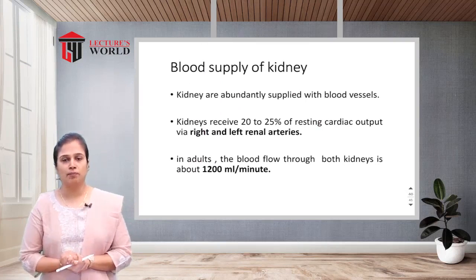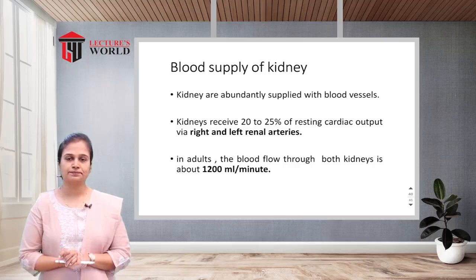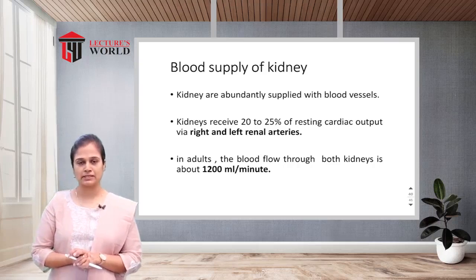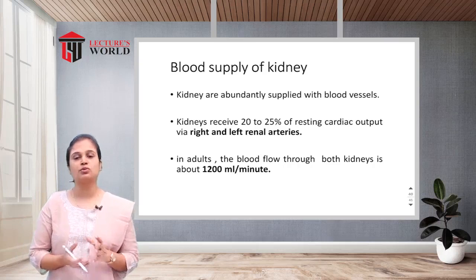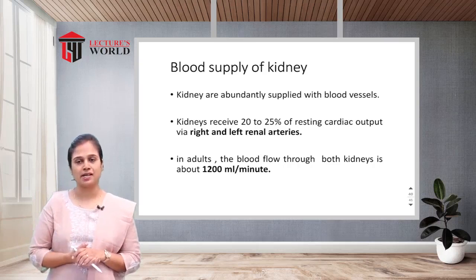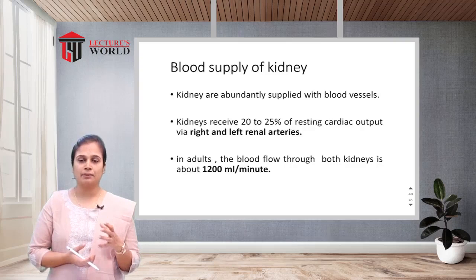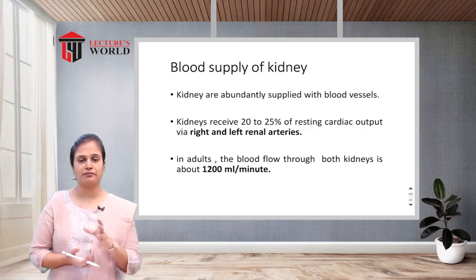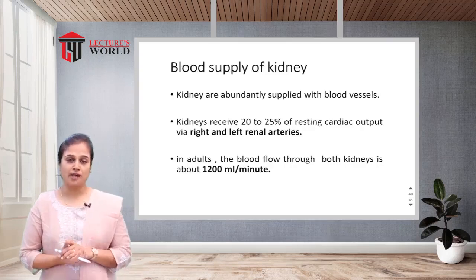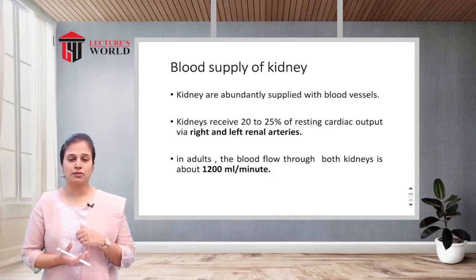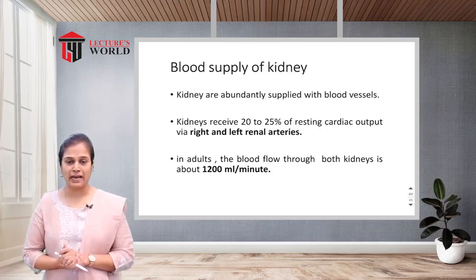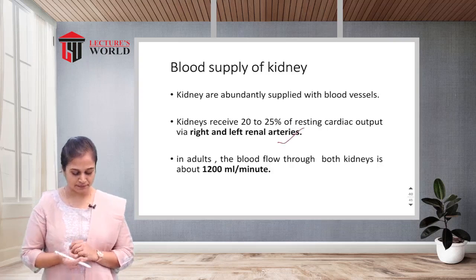We'll talk about the blood supply of the kidney. Kidneys are abundantly supplied with blood vessels, and they receive 20 to 25% of resting cardiac output. This means when we are in the resting phase, out of 100% cardiac output, 20 to 25% goes to the kidneys via the right and left renal arteries.